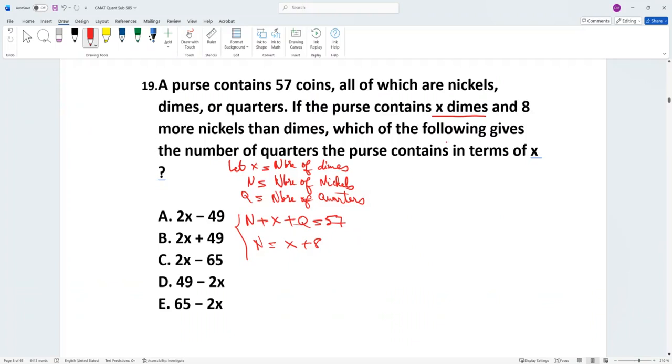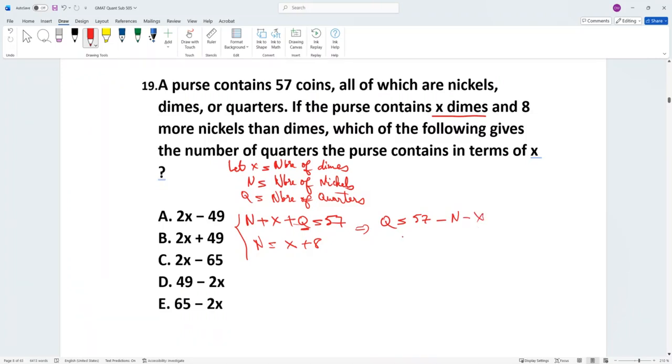So now, which of the following gives the number of quarters the purse contains in terms of x, in terms of dimes? So we want to find the value of q in terms of x. This will take us to say that q is actually equal to 57 minus n minus x.